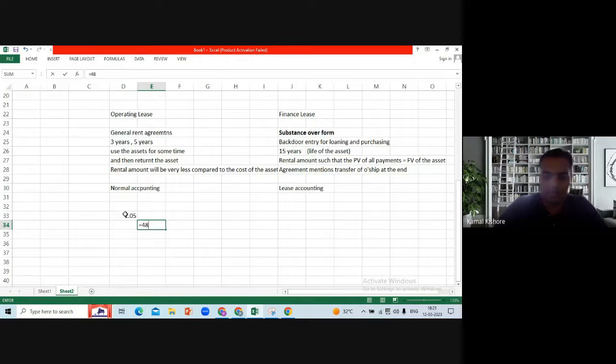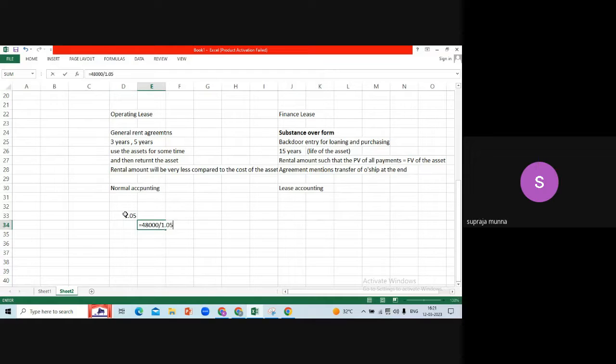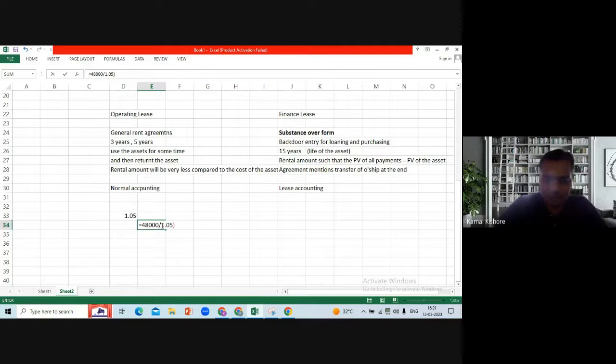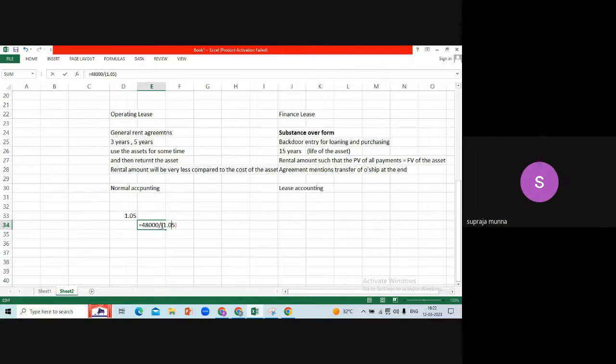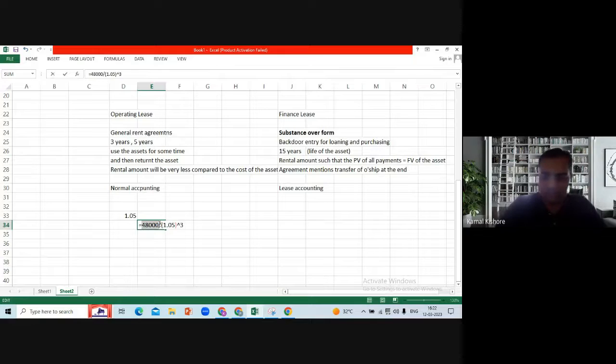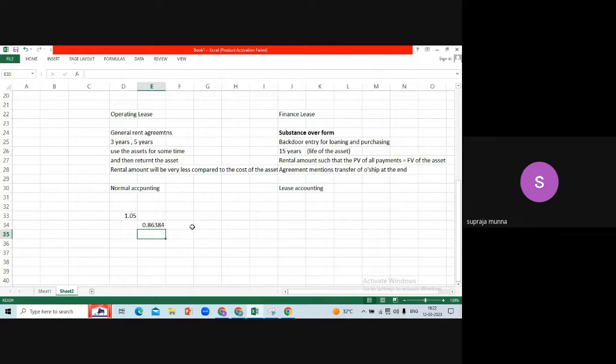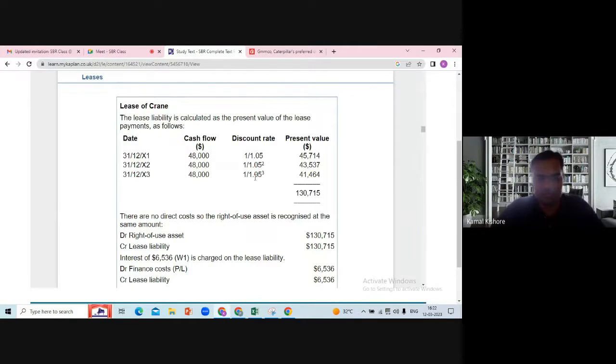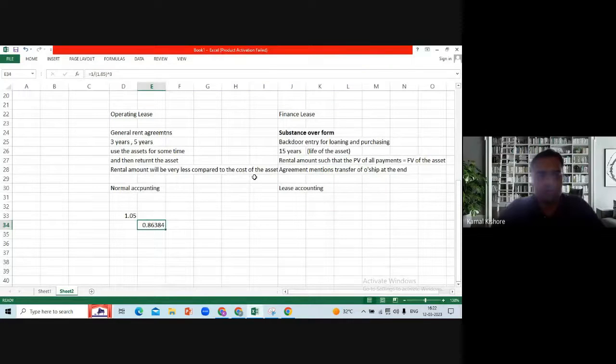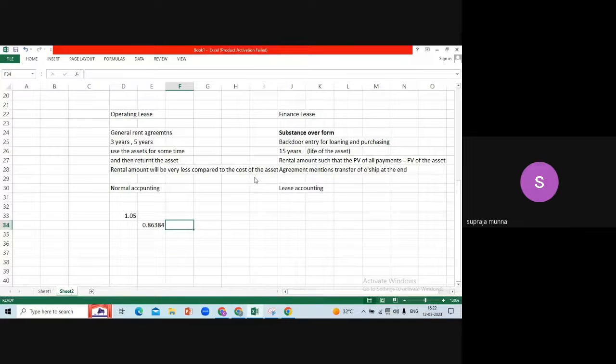Basically 48,000 divided by 1.05, the whole to the power of 3. Or the discount factor you can calculate like this. This is the discount factor, basically for the third year. Similarly, you will calculate second year, first year.